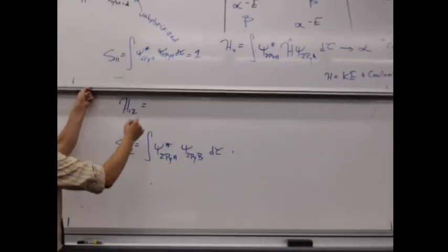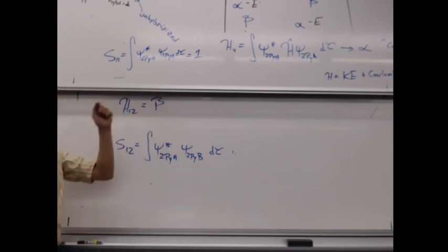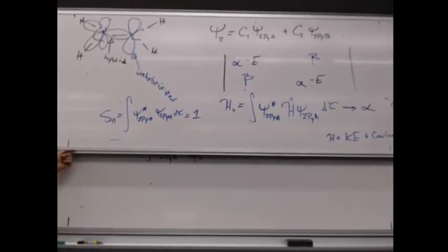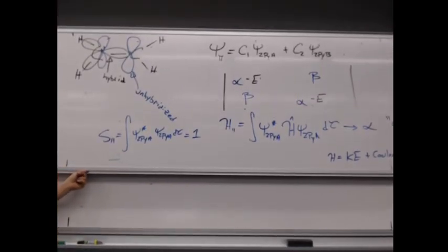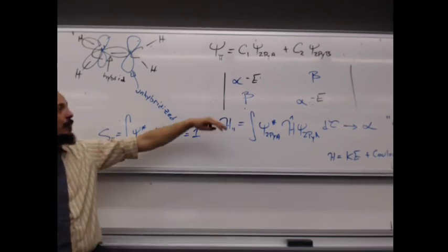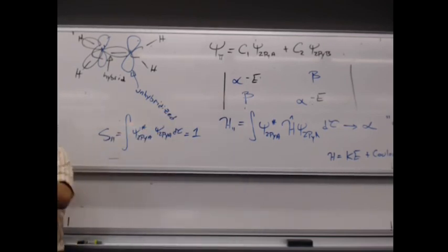We're going to call this H12 some integral that we're just going to call beta. That's what's called the resonance integral. And then we're going to diagonalize that matrix. And I have a little MATLAB program to show you that. But man, it's going to be a while. So you're going to have to remember this.